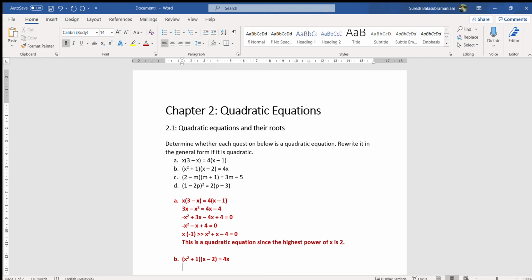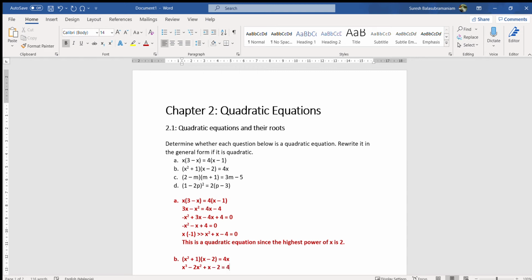So I can expand this. x square multiply x, you get x cube. x square multiply negative 2, you get minus 2x square. 1 multiply x, you get plus x. 1 multiply negative 2, you get negative 2.